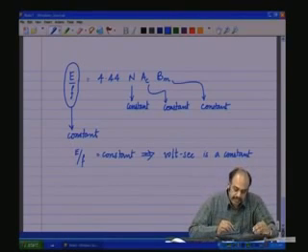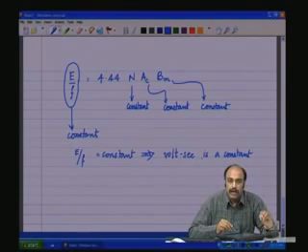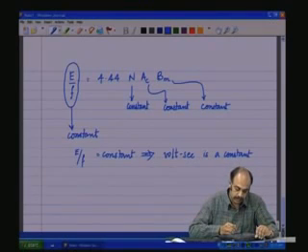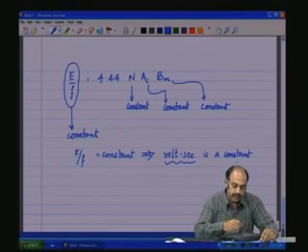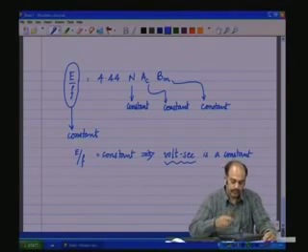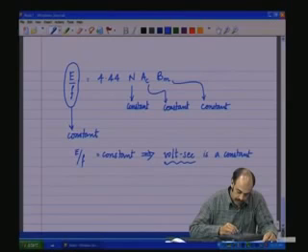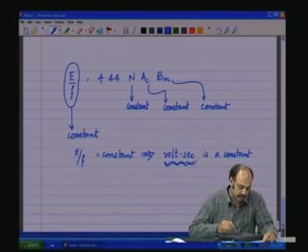So, one has to design for a volt second product in the case of the transformer such that the maximum flux density in the core, Bm, does not exceed B sat for that core. That is the important conclusion that you should draw from this particular derivation.